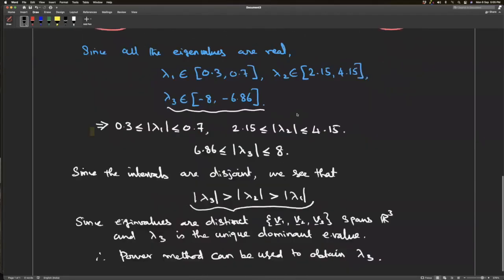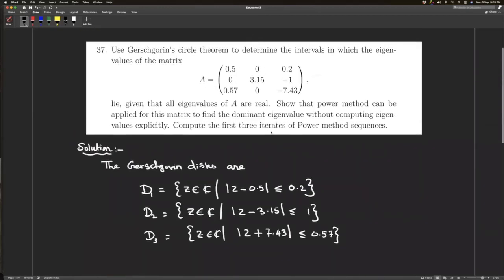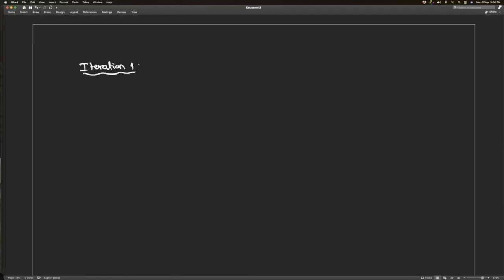Now, compute two iterations. Well, it was not given what x naught we have to choose. Ideally, it should have been given, but I have chosen x naught to be 1, 1, 1, and I have made 3 iterations. You just check whether the computed values are correct. Y1, which is nothing but A of x naught, and remember I have taken x naught as 1, 1, 1, leads to y1 as 0.7, 2.15, and minus 6.86.